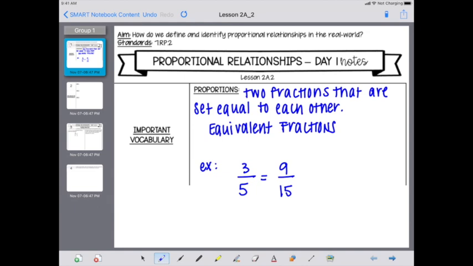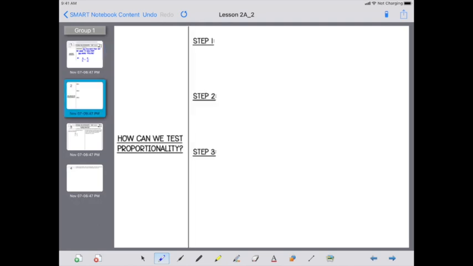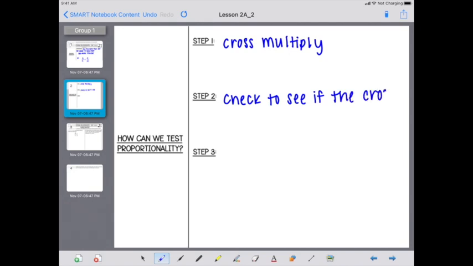Now, we can test whether or not they're proportional or if there's a proportional relationship between them. So there's 3 steps that we can do in order to find this and test this proportionality. So the first step is that you want to cross multiply. Then you want to check to see if the cross products are equal.